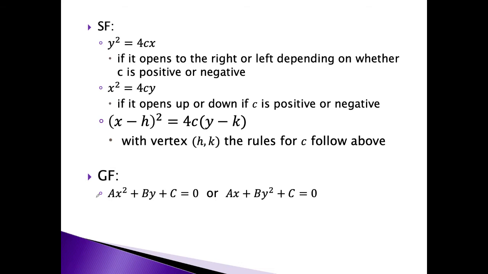That squared term tells me whether my parabola points to the left or right, or points up or down. How do I know which way it points? It depends on where my negative is. So all of this depends on how I'm oriented, whether my axis of symmetry is a horizontal line or a vertical line.